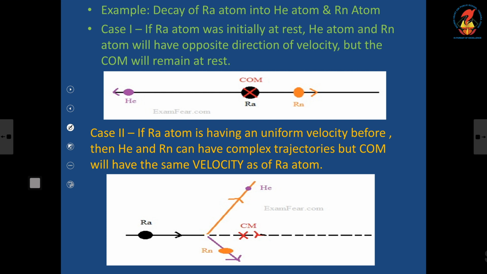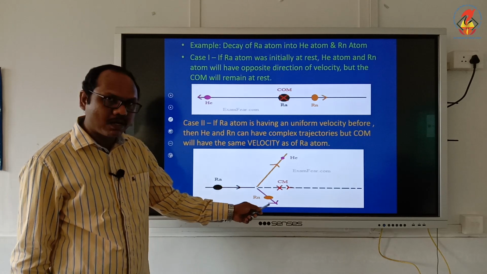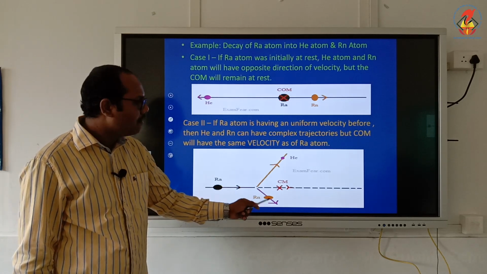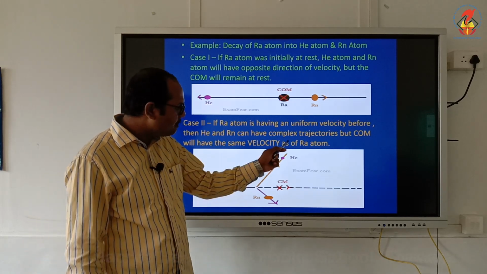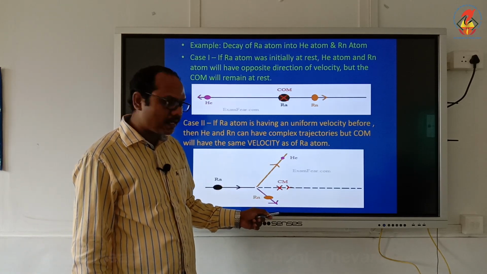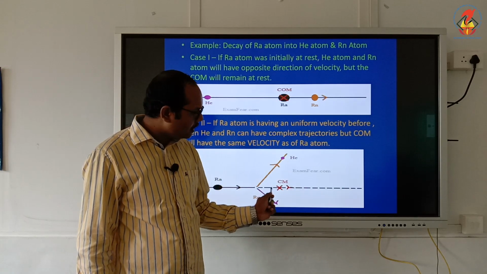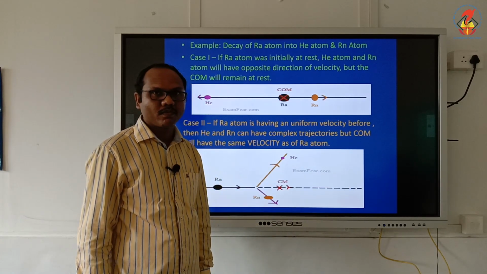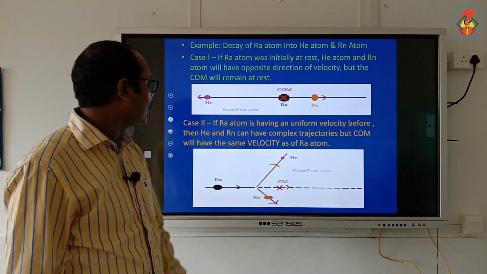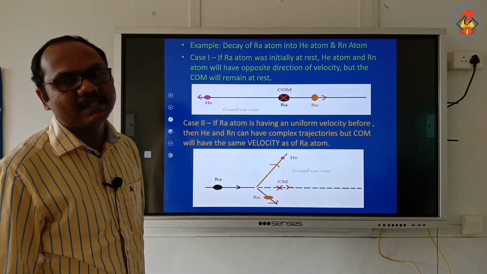As I told you, helium is having less mass, so it moves with greater speed. This will have more mass, so it moves with a lesser speed. But since this was already moving, you can see the fragments will move in different directions. The center of mass will continue to move in the same straight line. Okay, so that is the idea in the second case.